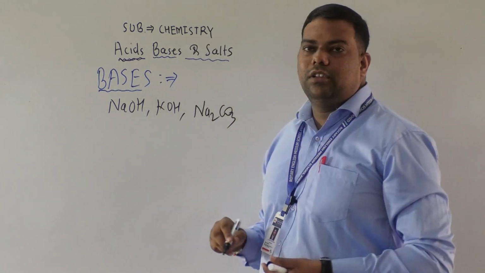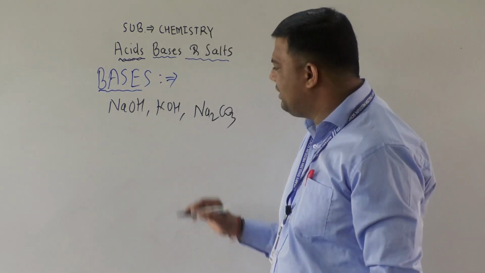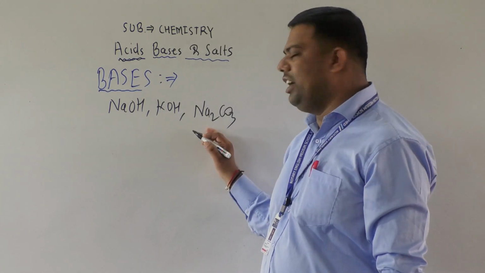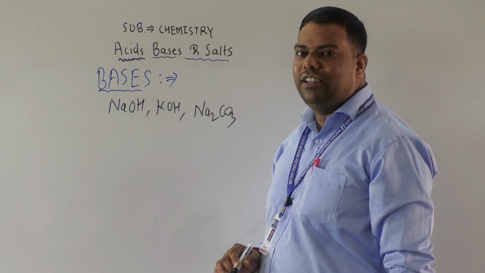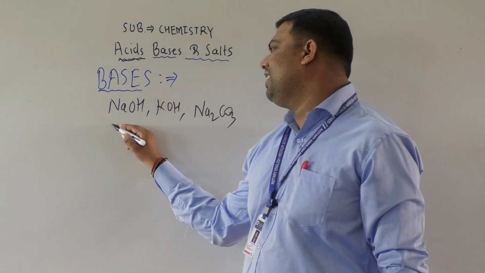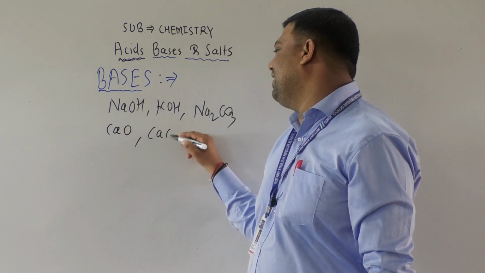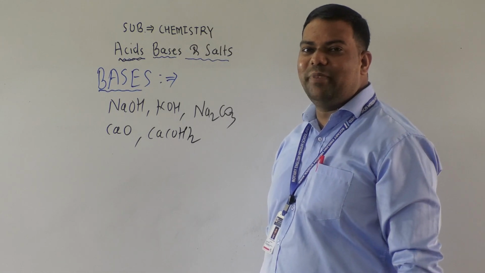So these are examples of bases. This Na2CO3 we can call washing soda. Then quicklime. Then slaked lime, Ca(OH)2. So these are examples of bases.